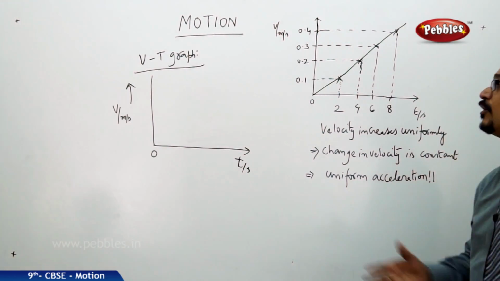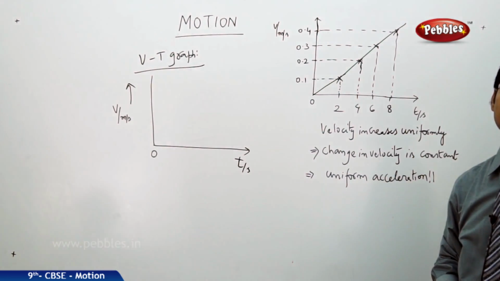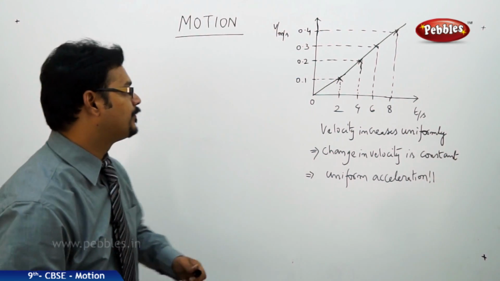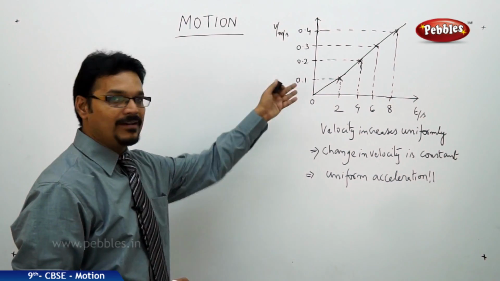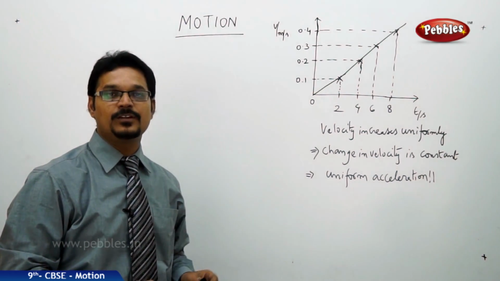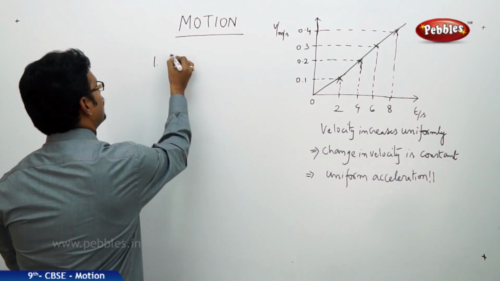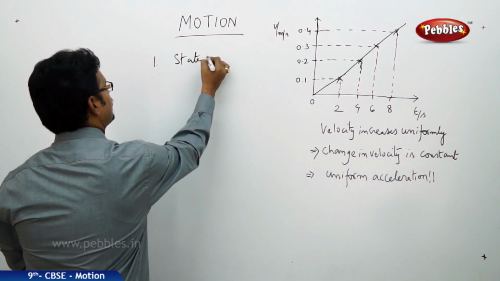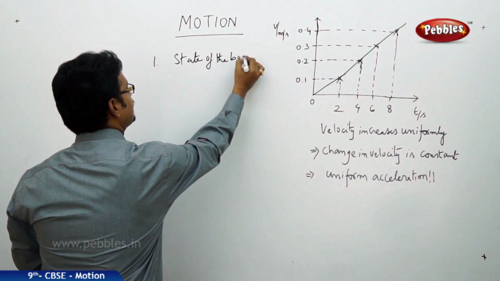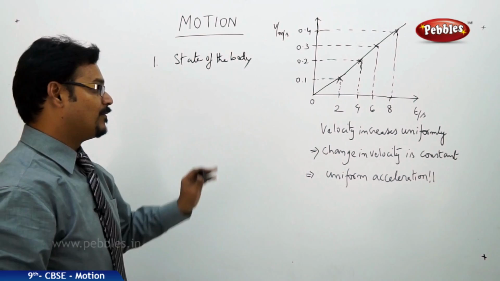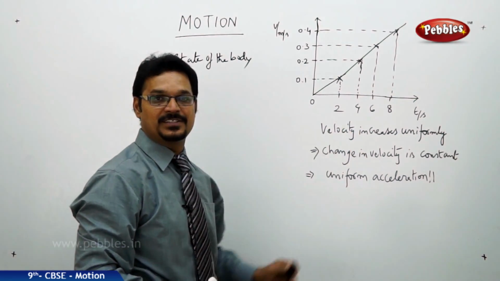Now your question is, how do we find the acceleration using this graph? So let me tell you. To find acceleration, the graph gives two types of information. First, the state of the body. As I told earlier in the ST graph, this also gives the state of the body, whether the body's velocity is increasing or decreasing.